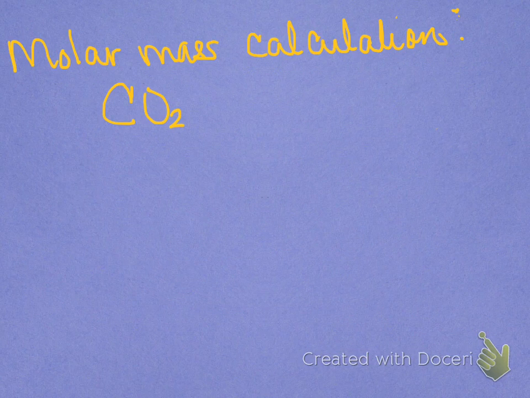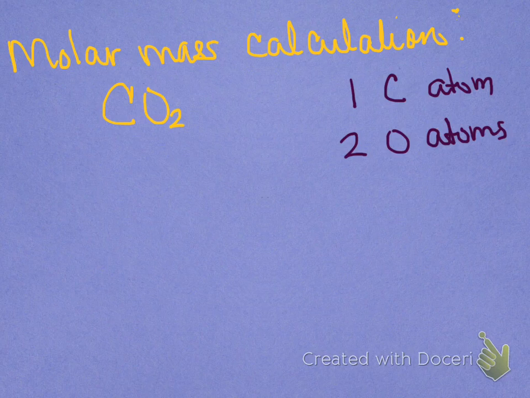Now we're going to do some calculations, using our periodic tables. The molar mass of carbon dioxide, CO2: we have to count up our atoms. We have one carbon atom and two oxygen atoms. Looking at our periodic table, carbon has a mass of 12.01 and oxygen has a mass of 16.00.